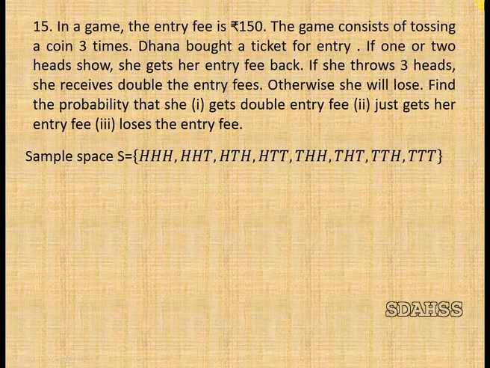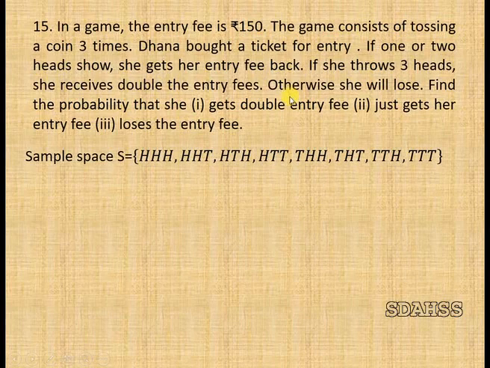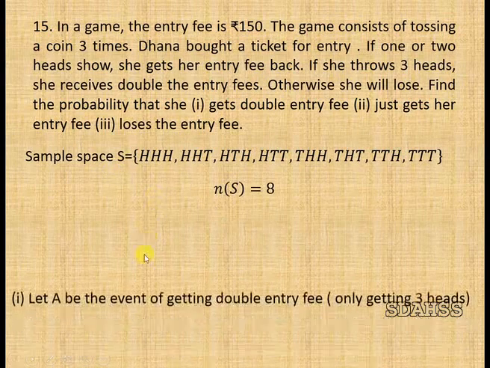If she throws 3 heads, she receives double the entry fee. Otherwise, she will lose. Find the probability that she gets double the entry fee, just gets her entry fee, or loses the entry fee. Here n of S is equal to 8.